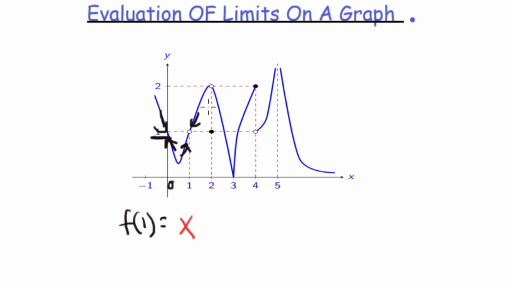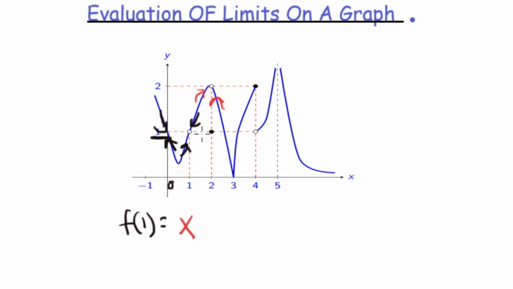Now let's consider 2 also, right? Now at 2, is the function defined? We can see that as we approach from the left and from the right, we approach 2, right? So as we approach 2 from the left and right hand side, we obtain the limit as 2, right?